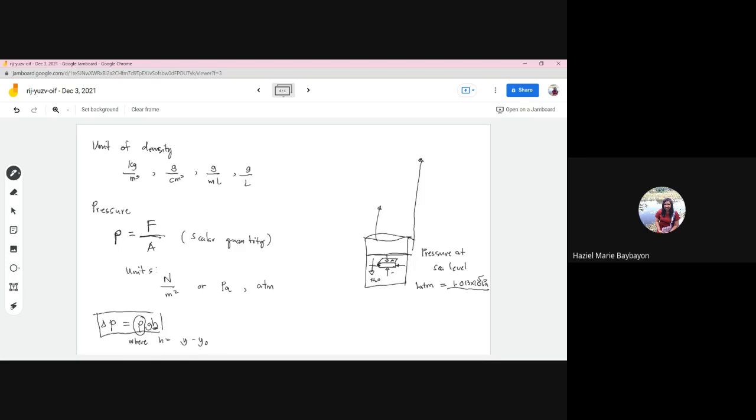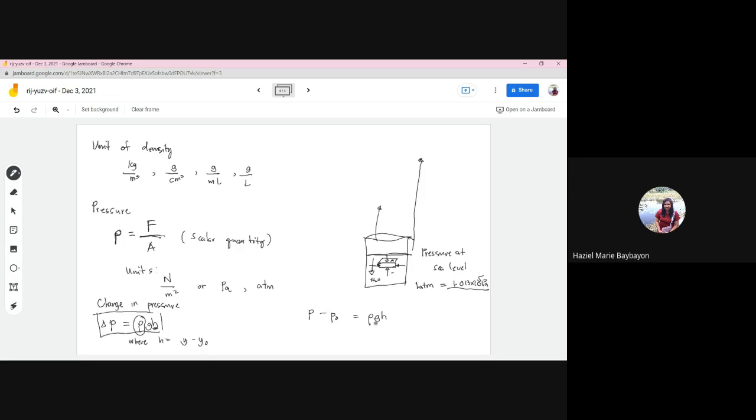Okay, so this is the change in pressure. Or we can actually rewrite this. We know that delta P is just equal to P final minus P initial. So we have P final minus P initial is equal to rho GH.